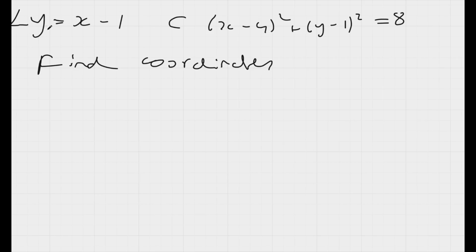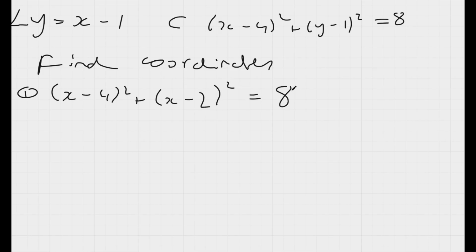First, straight off, sub y into the circle equation: (x minus 4) all squared plus (x minus 1 minus 1, which is x minus 2) squared equals 8. Amazing. Let's expand that out quickly. So x squared minus 8x plus 16 plus x squared minus 4x plus 4 equals 8.